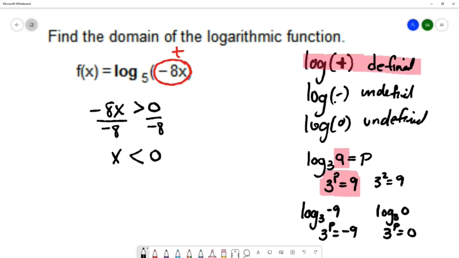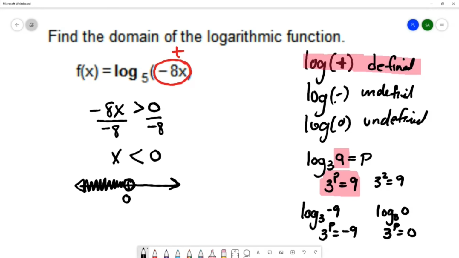So we can say that all x that is less than 0 are in the domain of this log function. So if we think of that on our real number line, we would mark 0 with an open circle to not include it, and shade all of the values less than 0 to the left of 0.